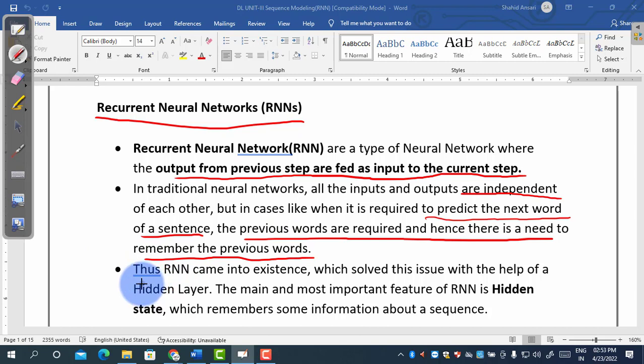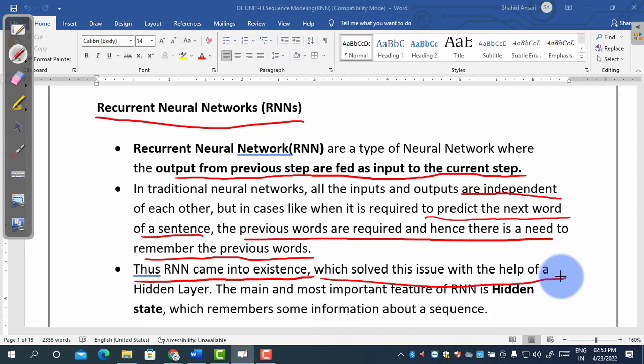Therefore the RNN came into existence. Feed forward network does not provide this type of functionality. Therefore the invention of RNN came, which solves this issue with the help of hidden layers.